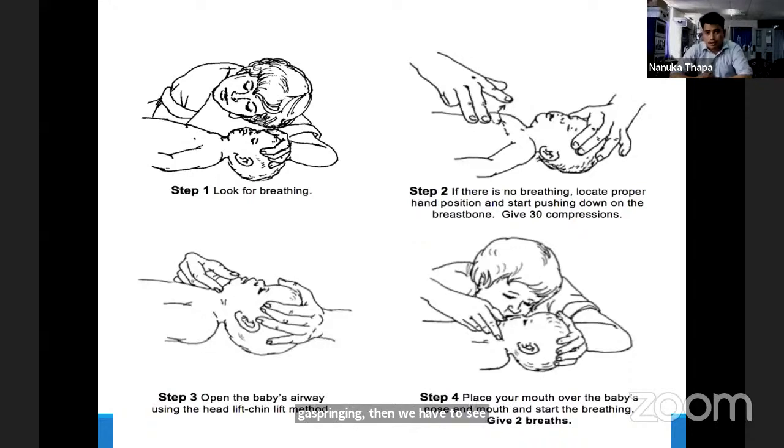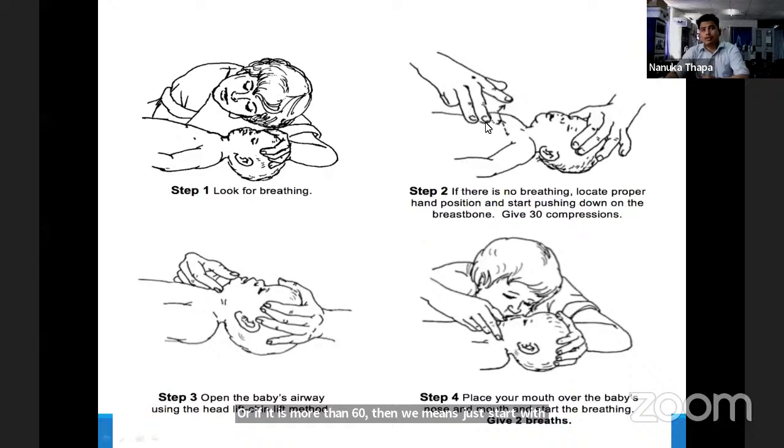We have to check the pulse for at least 10 seconds. If we find a pulse and it seems less than 60 per minute, then we have to start immediate CPR. Or if it is more than 60, then we may just start with simple positive pressure ventilation with bag and mask. So these are the things.